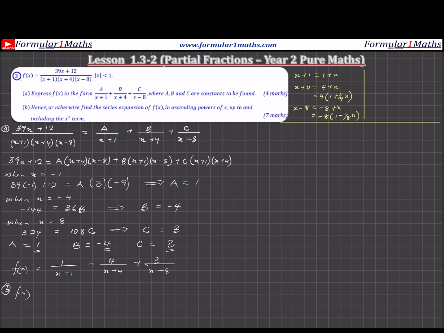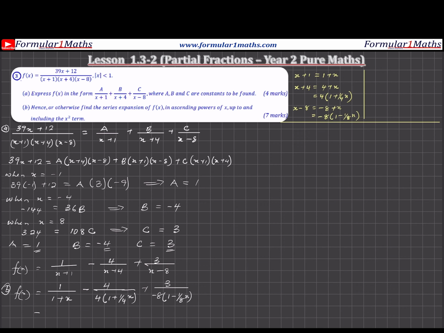F of x is equal to 1 over 1 plus x minus 4 over 4 brackets 1 plus 1 over 4x plus 3 over minus 8 brackets 1 minus 1 over 8x.